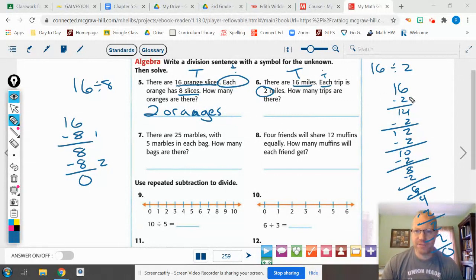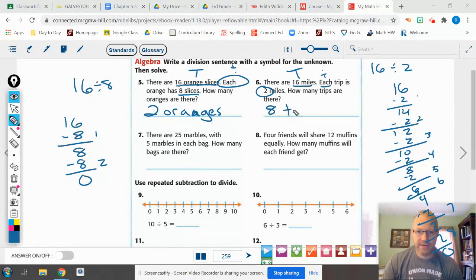How many minus 2's did we have? 1, 2, 3, 4, 5, 6, 7, 8. So we had 8 minus 2's. So that's 8 groups of 2. And that means that we have 8.